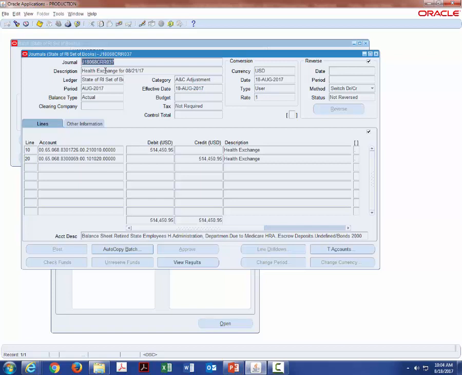In the case of a cash receipts journal entry, the first character of the journal entry name must be a capital R, followed by the last two digits of the fiscal year in which the entry is to post, followed by the three-digit number of the journal initiator's state agency.